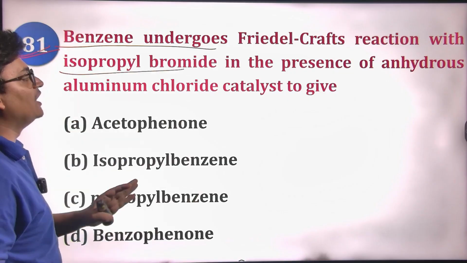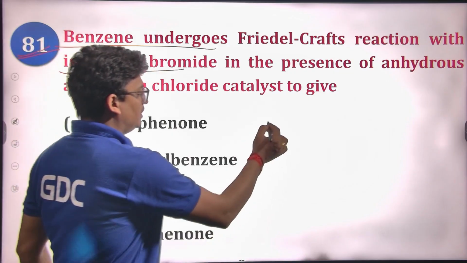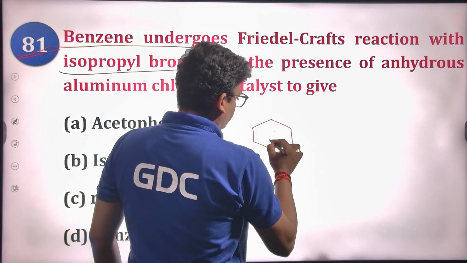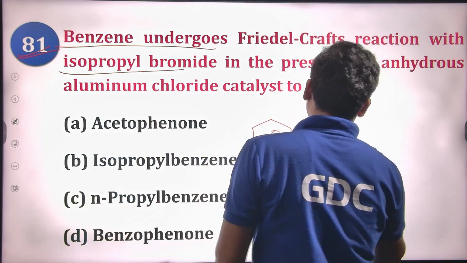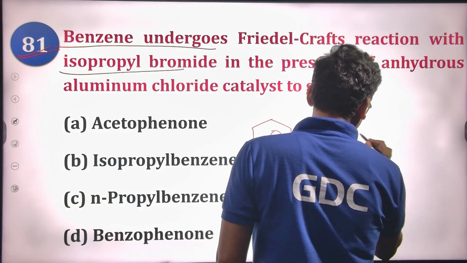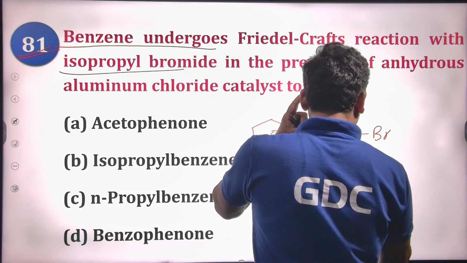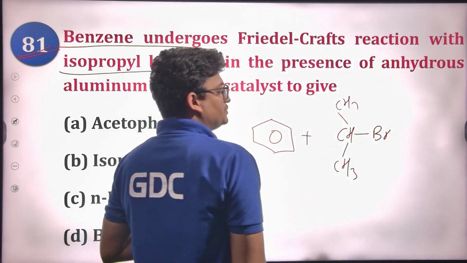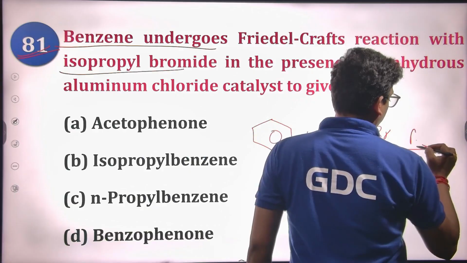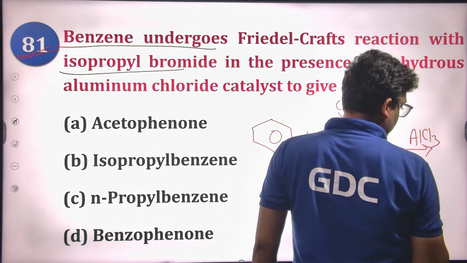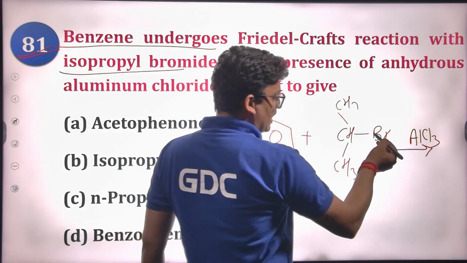Next question is 81. Benzene undergoes a Friedel-Crafts reaction with isopropyl bromide in the presence of anhydrous aluminum chloride catalyst to give. We have benzene reacting by Friedel-Crafts reaction with isopropyl bromide. It is an electrophilic aromatic substitution reaction, taking place only in the presence of a Lewis acid catalyst, let's suppose AlCl3.